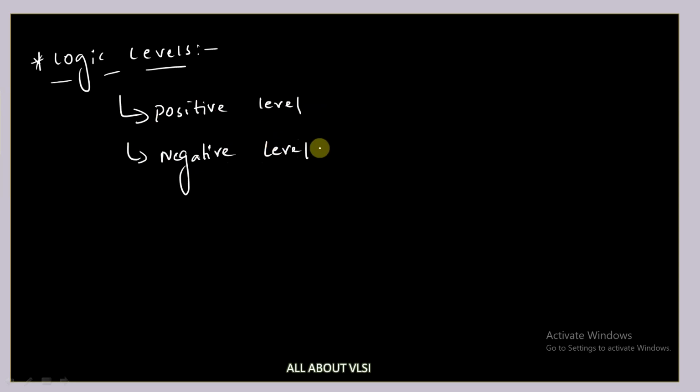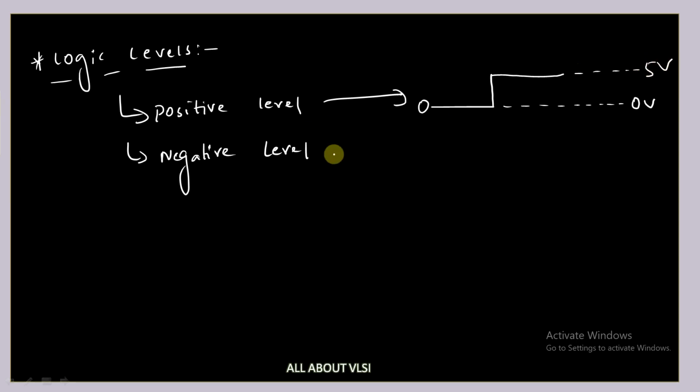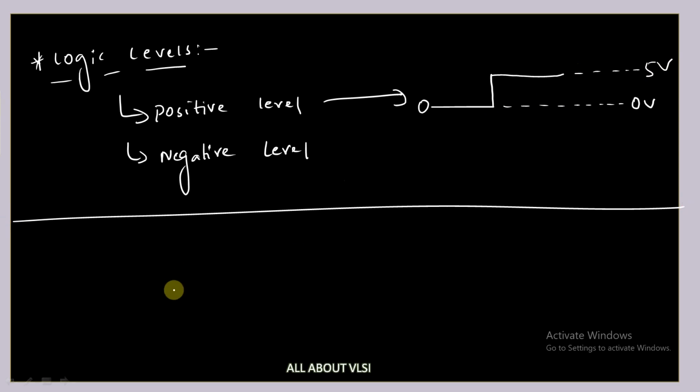So what do you mean by positive level? Let's say we have a transition from 0 to 1. This is our voltage level. This is logical 0, which is 0 volt, and this is 5 volt. Let us first consider the positive level. This is very important to understand.